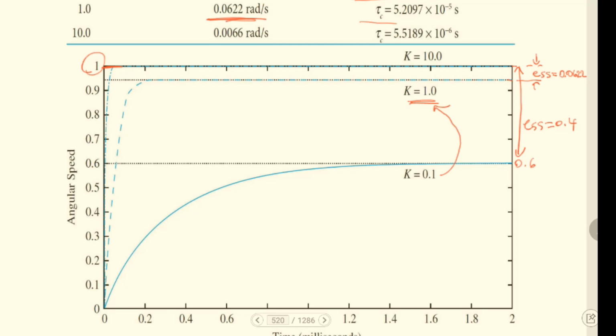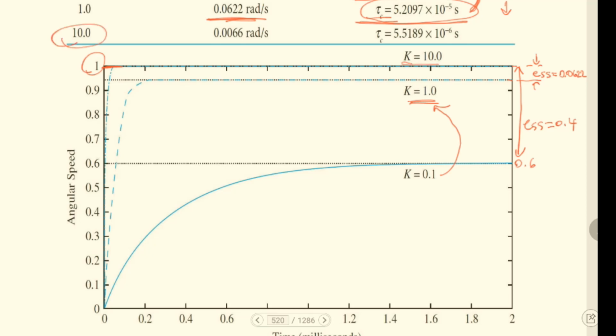Okay, what about the time constant? If you evaluate these two time constants, the time constant will decrease. We already desire this from any controller, right? Because the time constant tells us how fast the system responds to the input.